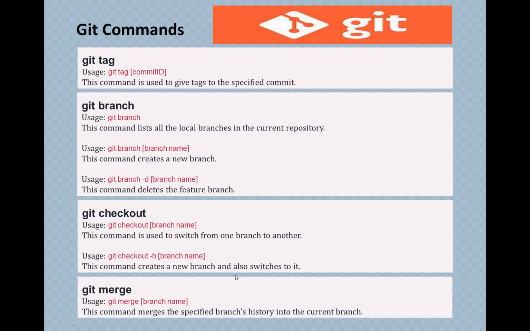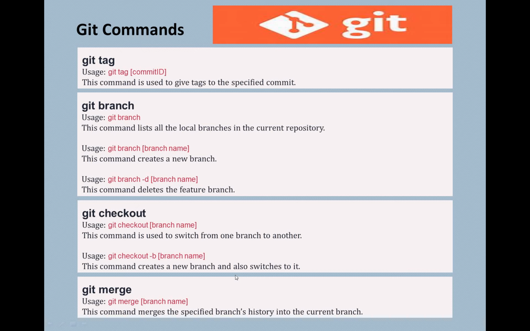This will delete your feature branch, whatever name you mention there. Okay. Git checkout. Most of the time we are using this command, git checkout and branch name. Let's suppose you want to check out any branch, then you can use this, and this command is also used to switch from one branch to another. Okay.